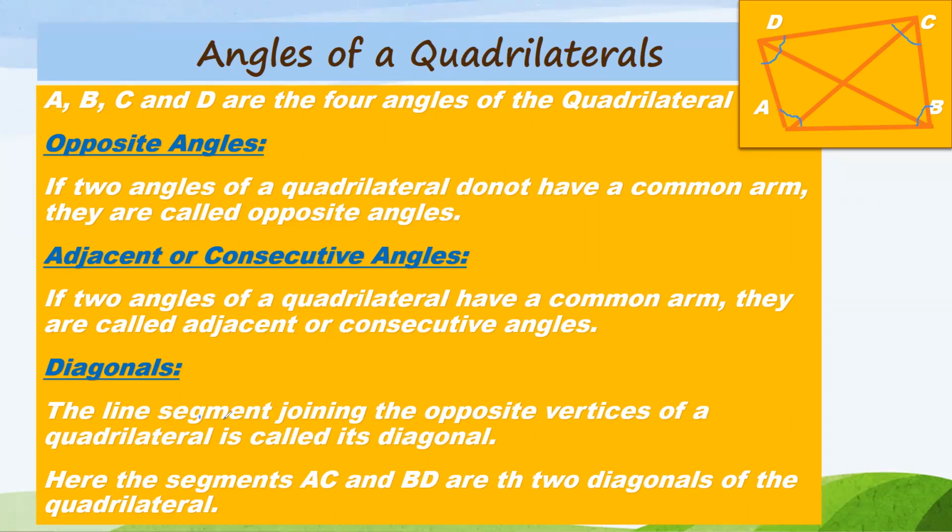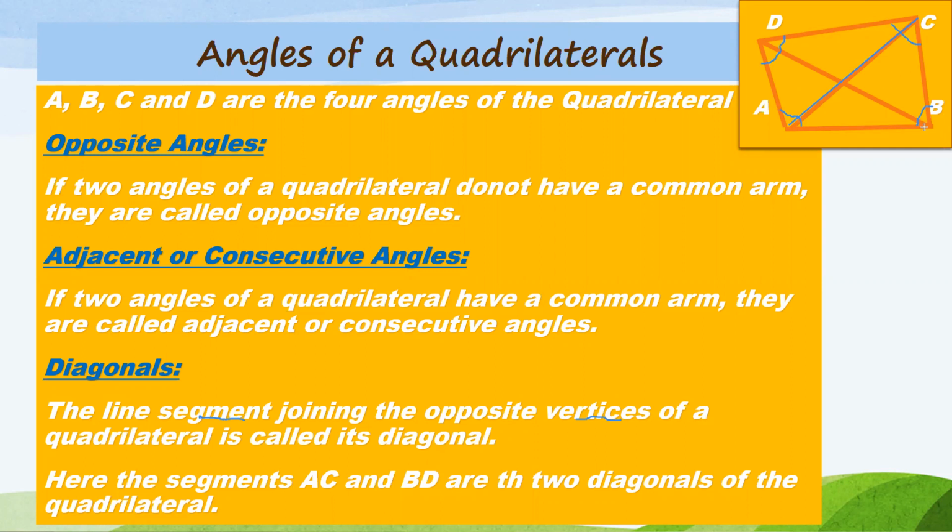So in this diagram, if I join angle A and angle C with the line segment, if I join the two opposite vertices of the quadrilateral by the line segment, this line segment is called a diagonal.